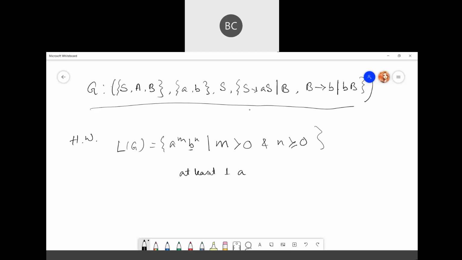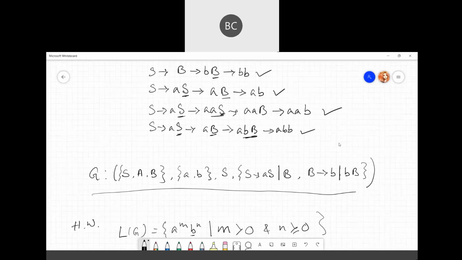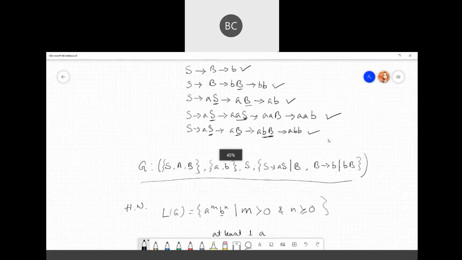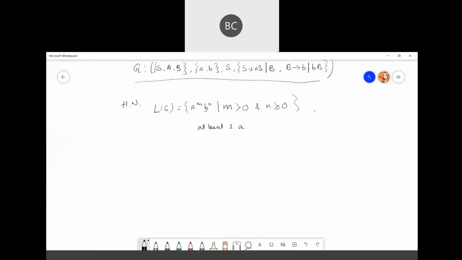Try it out. The productions will be almost similar. This one you try, it's the same thing I just did. You just need to understand how your productions might vary depending on the conditions. These conditions are important. Everyone, try this one.